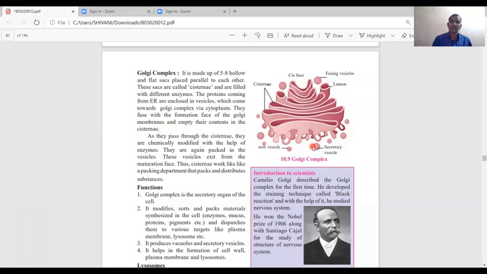Thus, the cisternae work like a packing department that packs and distributes substances.